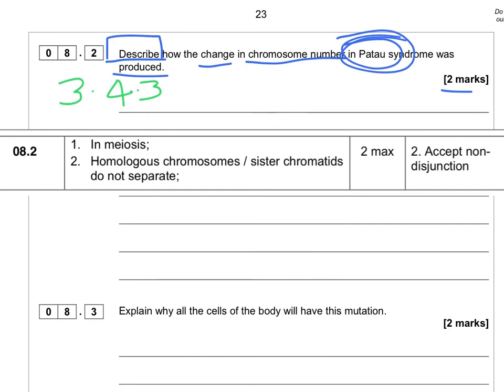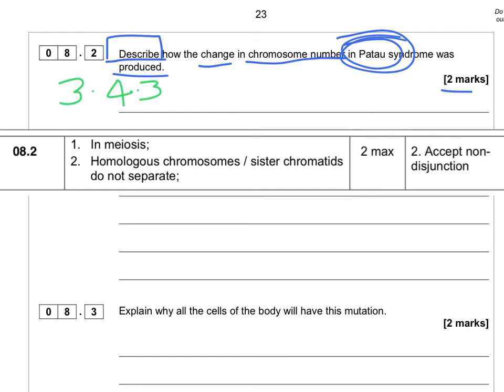Now, this is directly related to the spec, okay, because in the spec it says mutations in the number of chromosomes can arise spontaneously by chromosome non-disjunction during meiosis. So meiosis is not mentioned in the answers, so that's the first one.